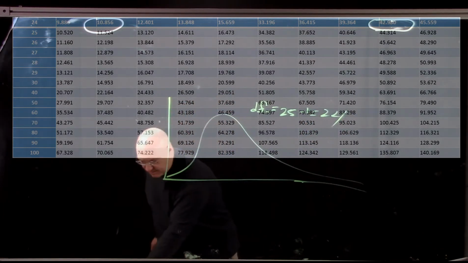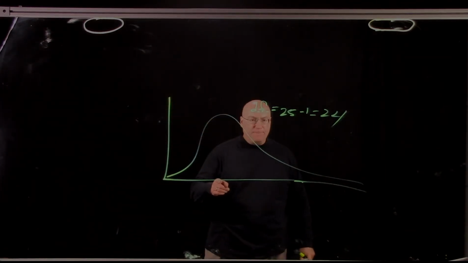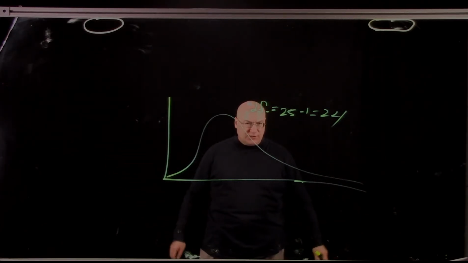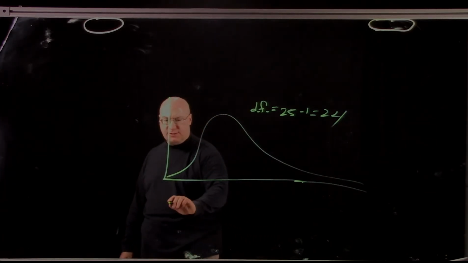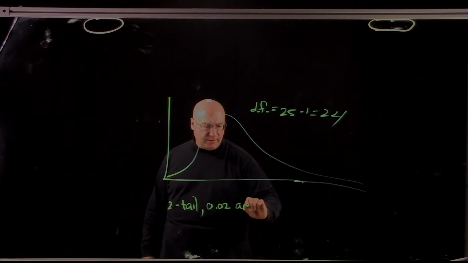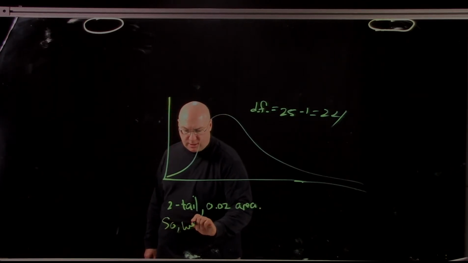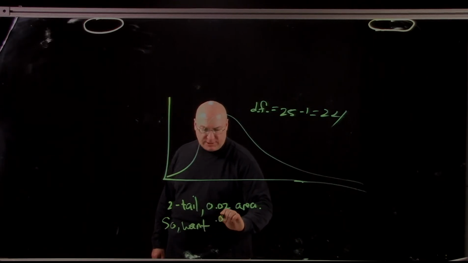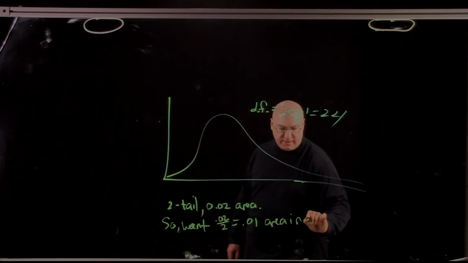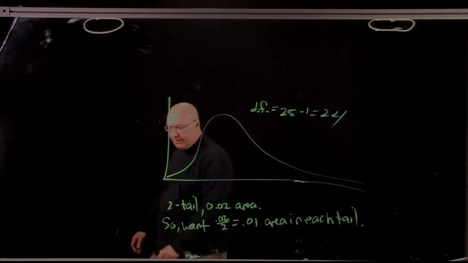Here, let me get rid of that for a second so you can see a little bit better. Okay, now I want a two-tail 0.02 probability. So two-tail 0.02 area means 0.02 divided by 2 equals 0.01 area in each tail, don't I?